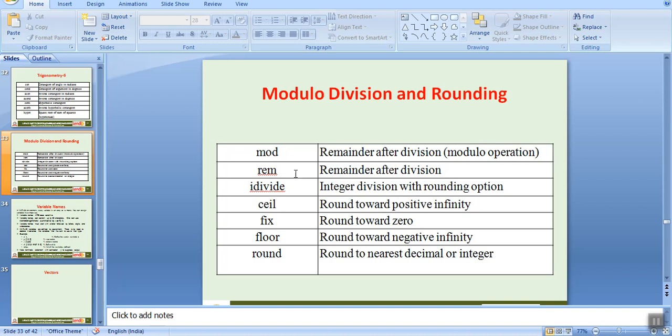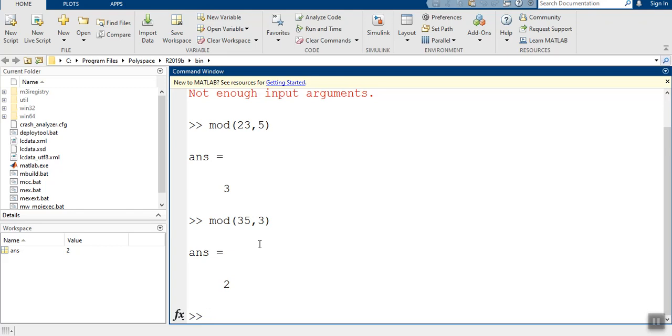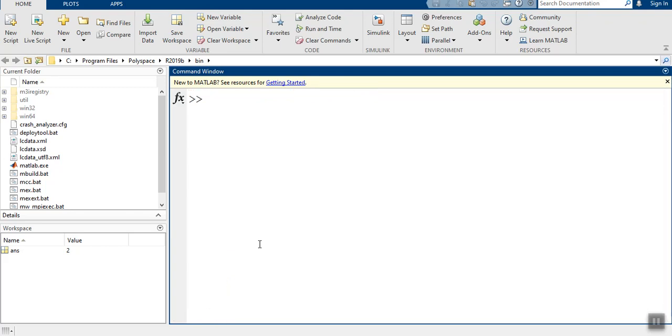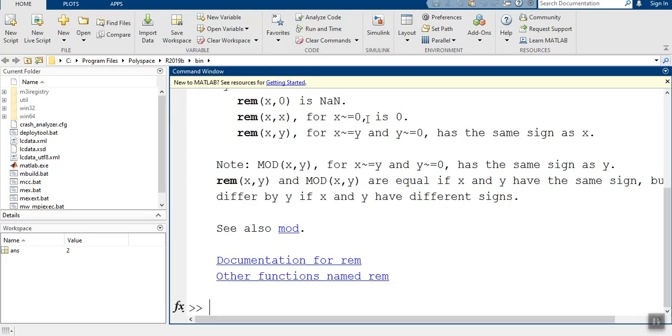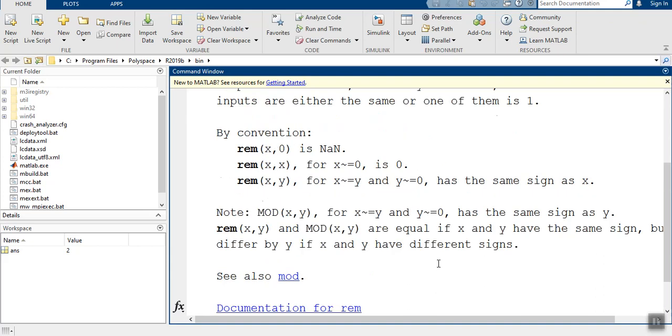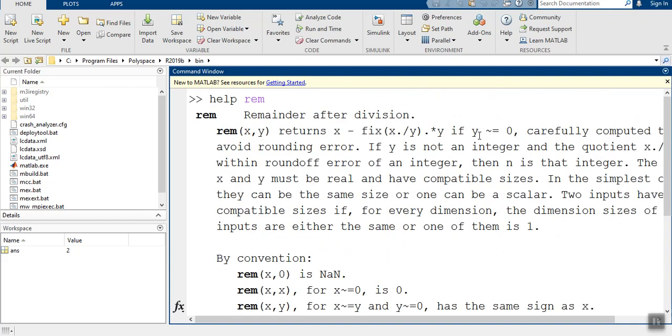So now coming to the rem function, the remainder function. Suppose if you want to know the details of the remainder function, simply type help rem. Remainder after division.